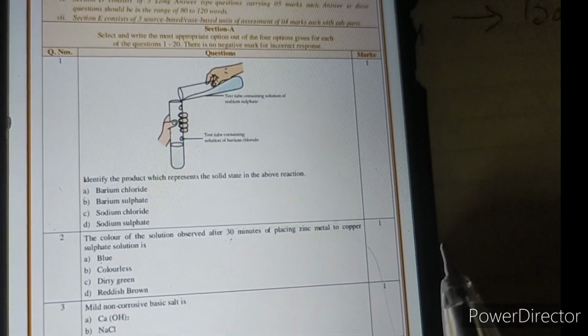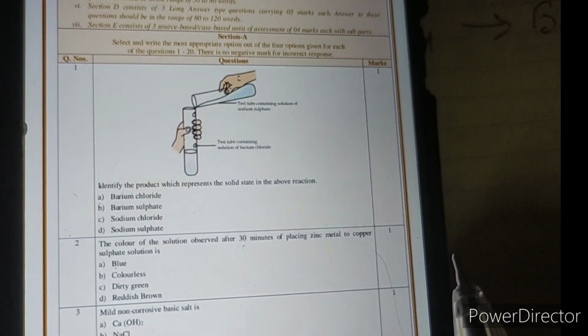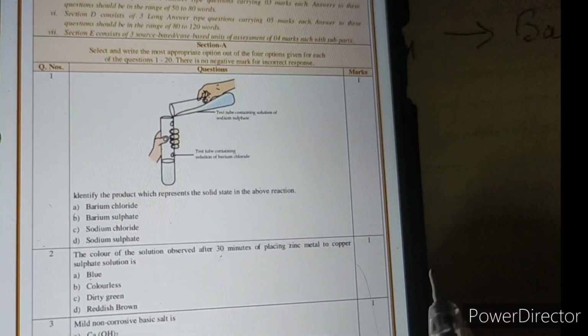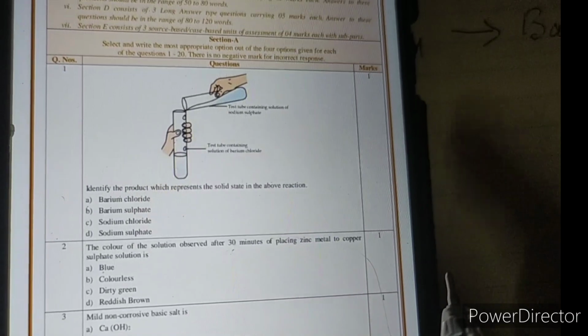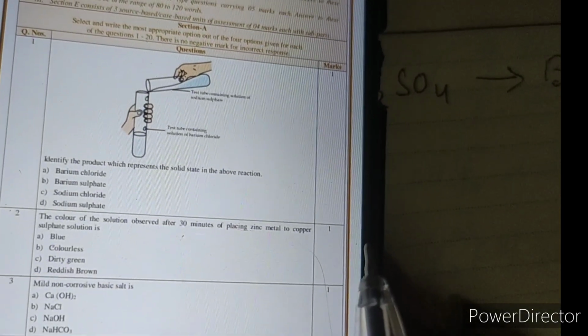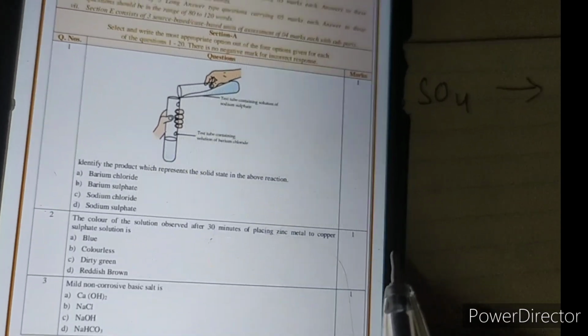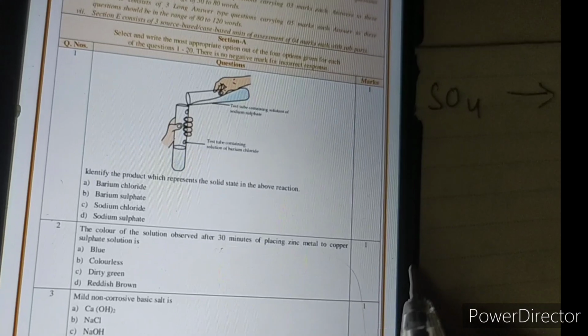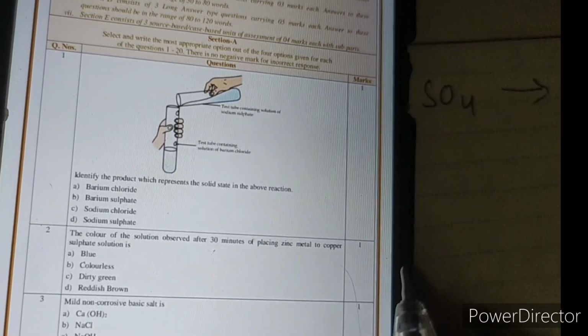Next question is the color of the solution observed after 30 minutes of placing zinc metal in copper sulfate solution. It is a simple displacement reaction in which you have to write the reaction between zinc and copper, and firstly you have to see whether zinc comes above copper in the activity series or not. Yes, zinc comes above copper in the activity series, so zinc can displace copper from copper sulfate.